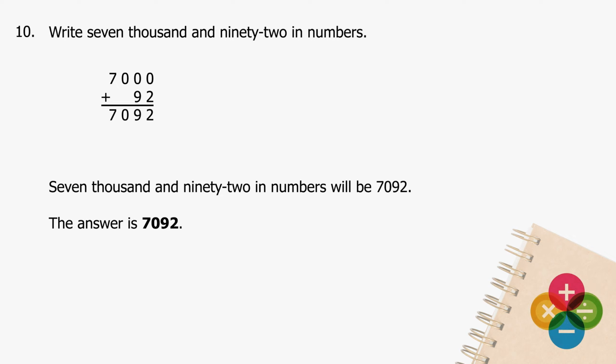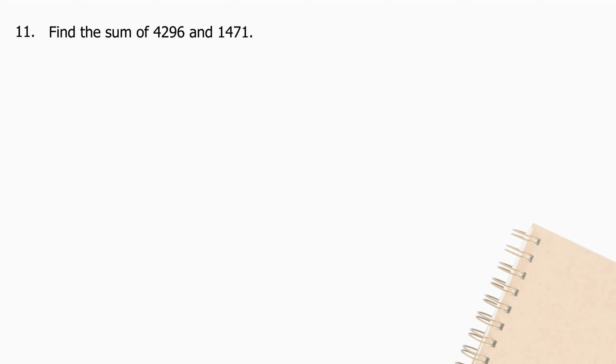7,092 in numbers will be 7, 0, 9 and 2. Question 11. Find the sum of 4,296 and 1,471.